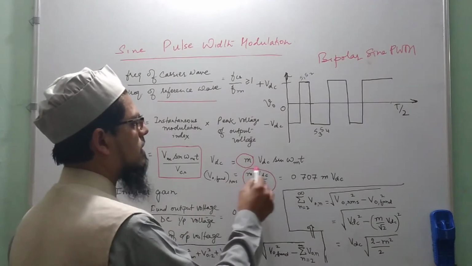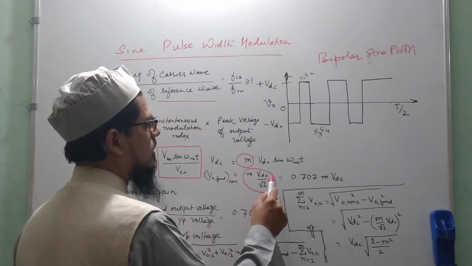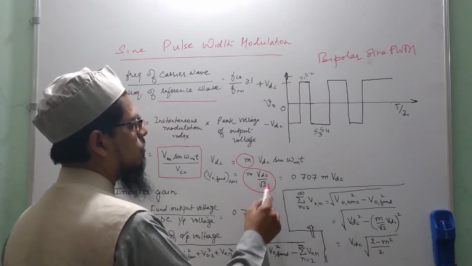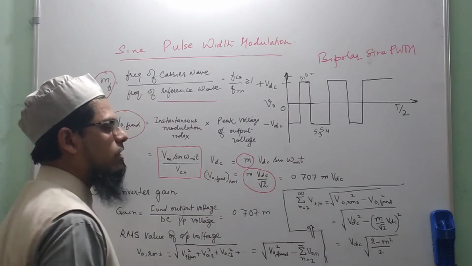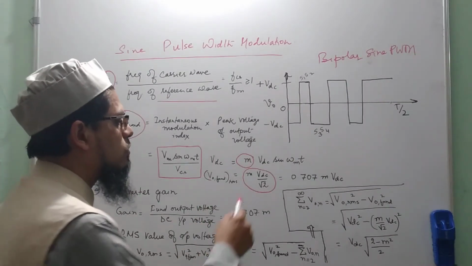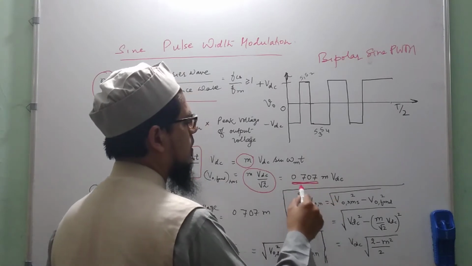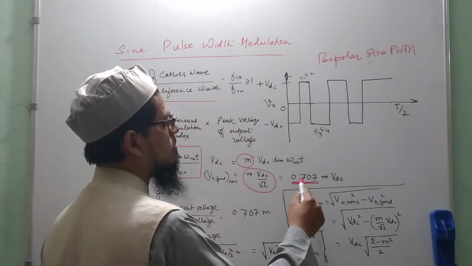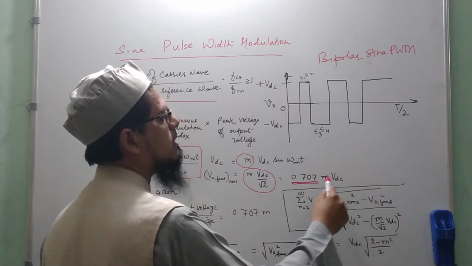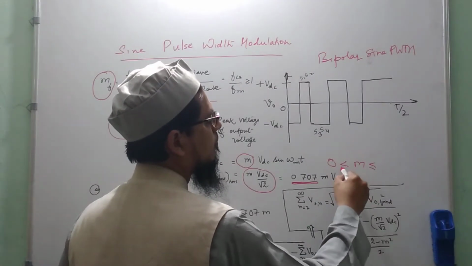M VDC is the peak value of the fundamental of the output voltage, and when I divide it by root 2, this gives me the RMS value of the fundamental of the output voltage. 1 upon root 2 is 0.707. So the RMS value is 0.707 times M VDC, where M varies from 0 to 1.